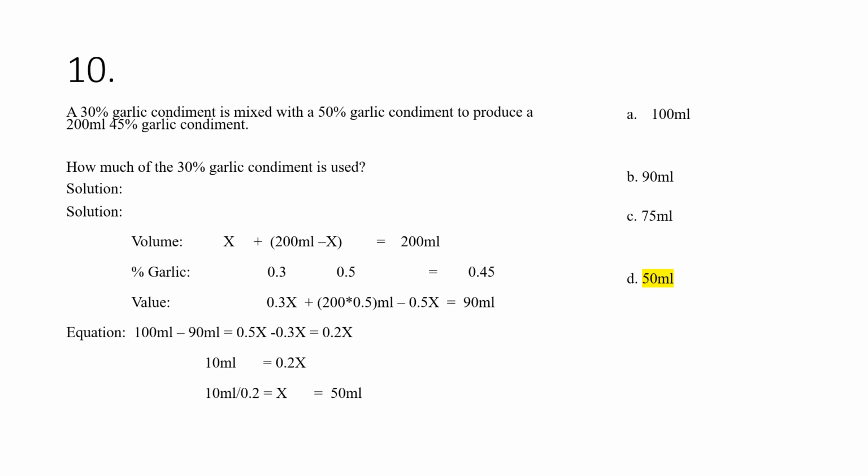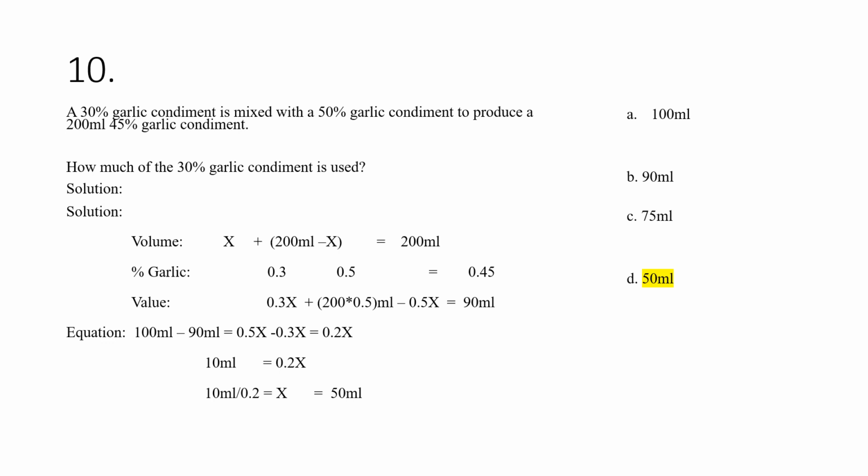So X times 0.3 is 0.3X, plus 200 ml times 0.5 minus 0.5X, and that will be equal to 200 times 0.45, or 90 ml.